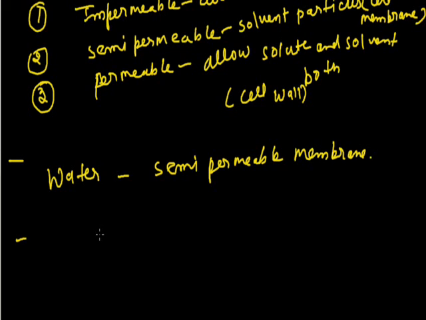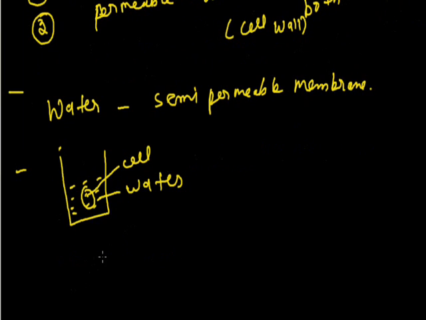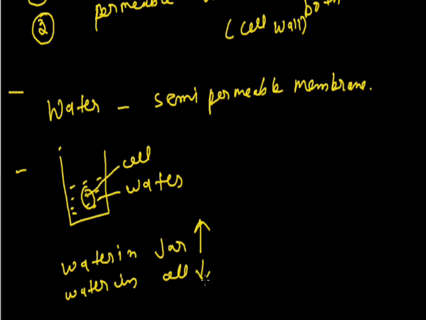First, I'll give the first example of osmosis. Suppose we have a jar full of water. I'll draw the jar, which is full of water. If I put a cell inside the water jar, then what will happen? The water in the jar is more, and the water in the cell is less.